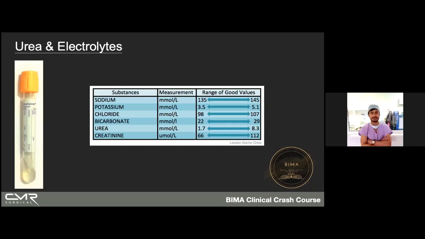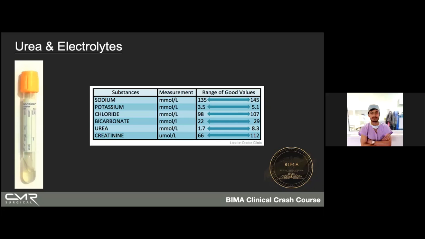As I said before, NICE guidelines suggest that we can use a variety of different criteria to make an official diagnosis of AKI. Usually it's a creatinine rise of more than 1.5 in a short duration of time, usually within 48 hours.